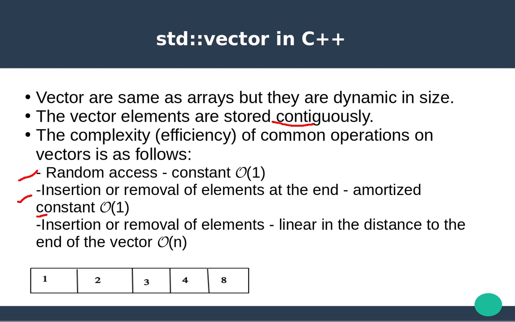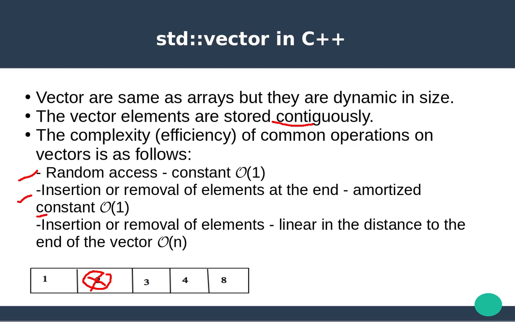However, insertion or removal of elements takes linear time, which is the distance from the elements to be added or deleted to the end of the vector. For example, let's say I want to delete number 2.